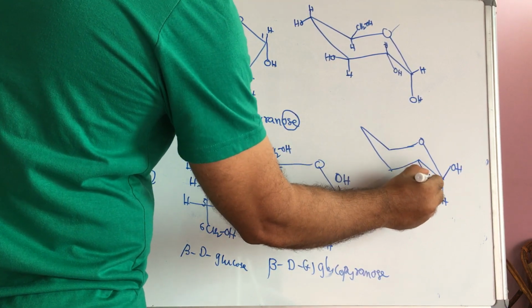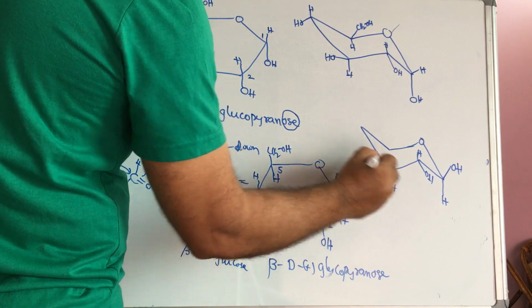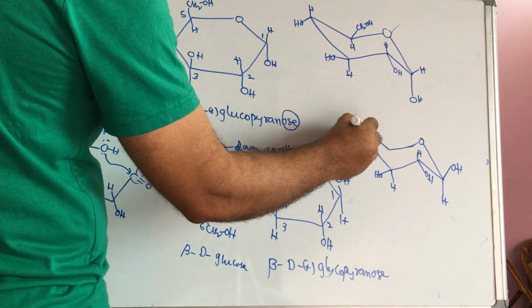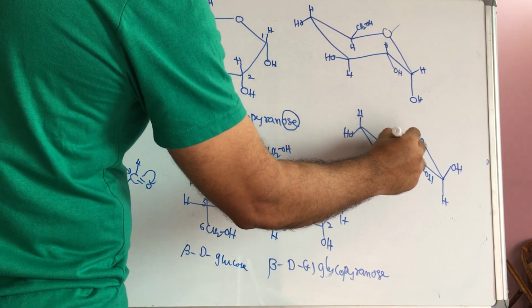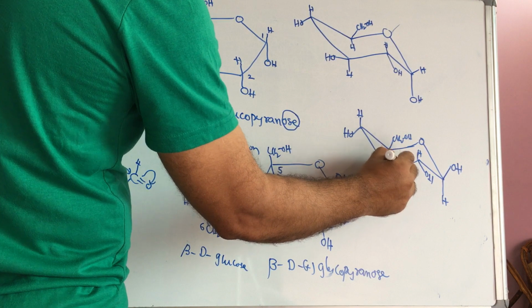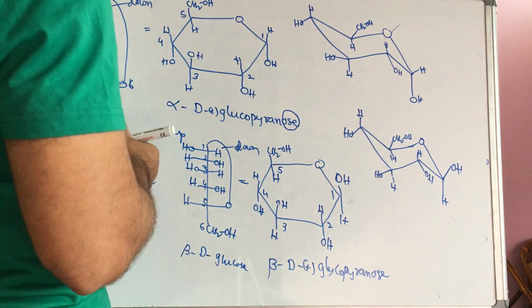This is OH equatorial, H up, OH equatorial, H up, and this is equatorial, up hydrogen, CH2OH. Generally, atoms or groups present at equatorial position are more stable.